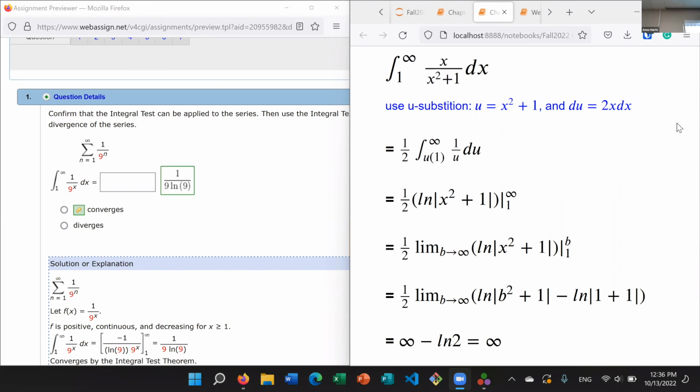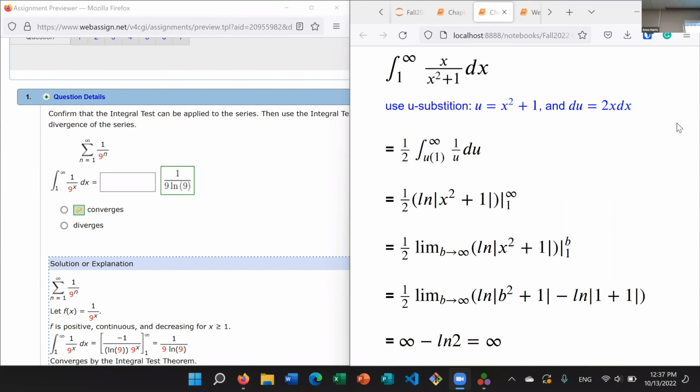I need a 2x, but I only have x. So what do I need to do? Multiply by 2 here, and then divide by 2. I'll put the 1/2 in the front, because 2 over 2 is the same as 1.